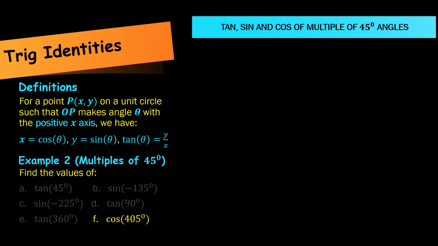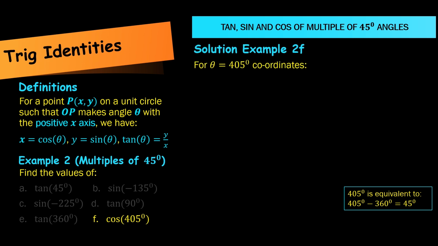Now let's have a go at part F and calculate cos 405 degrees. Again, this is greater than 360 degrees. So 405 degrees is equivalent to 405 degrees minus 360 degrees, which is of course equal to 45 degrees. So let's have a look at theta equal to 405 degrees.